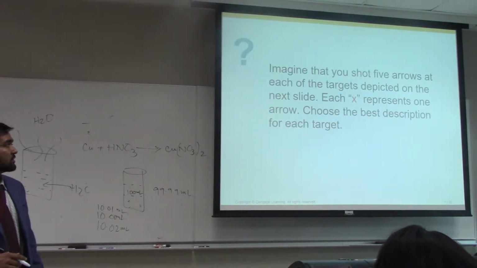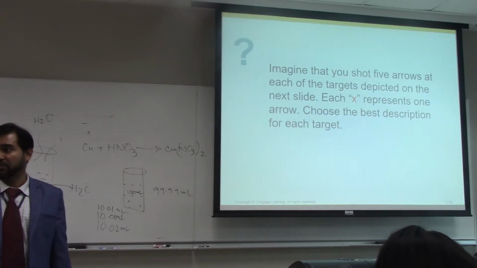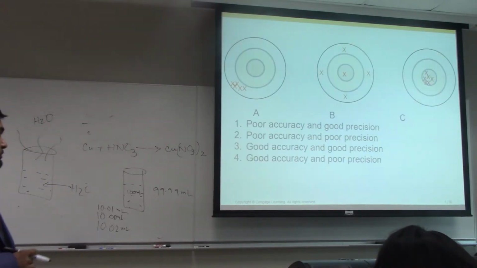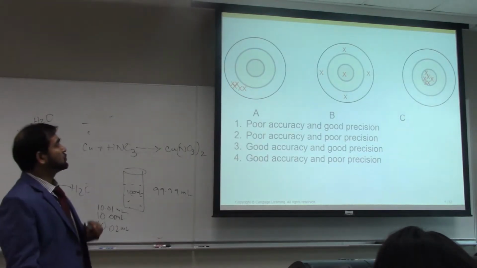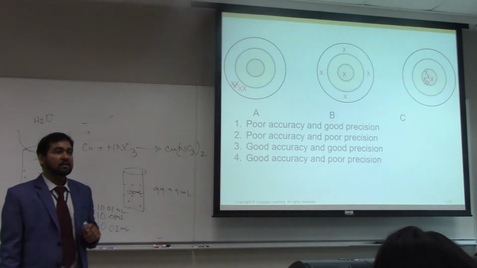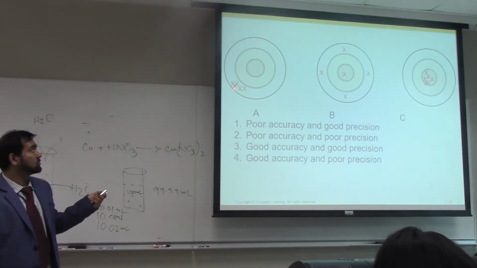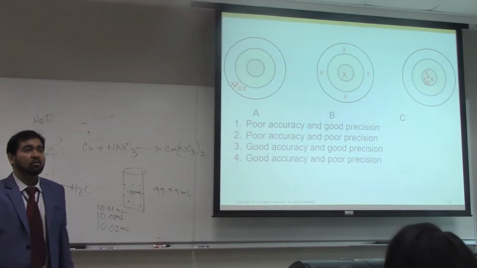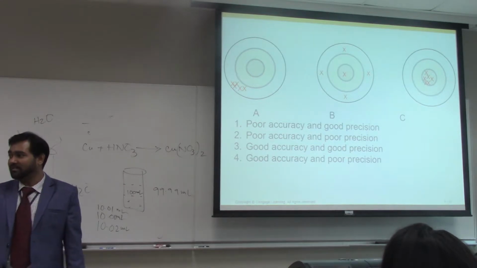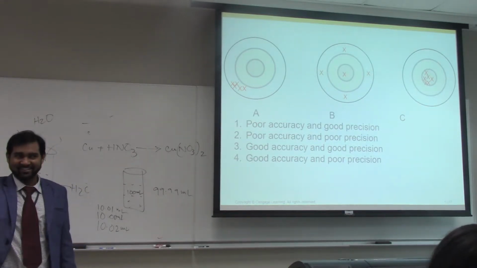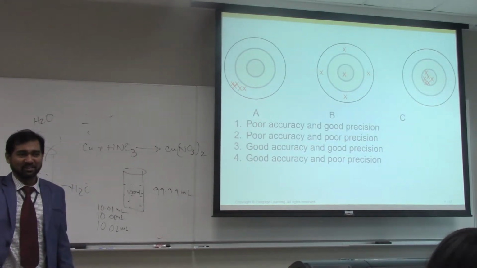Let's go to an example to see the difference between the two definitions. For instance, you're shooting an arrow, and each time you shoot, is it close to the true value? No, you're landing in the wrong place. But every time you land in the same place, but the wrong place, right?